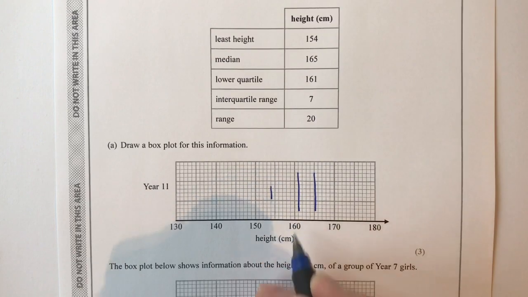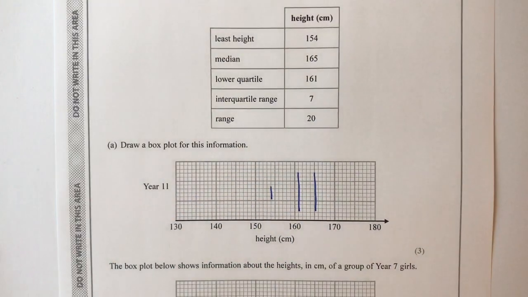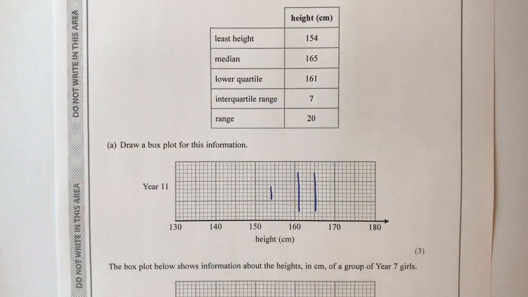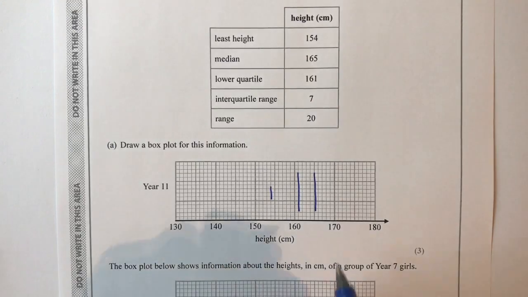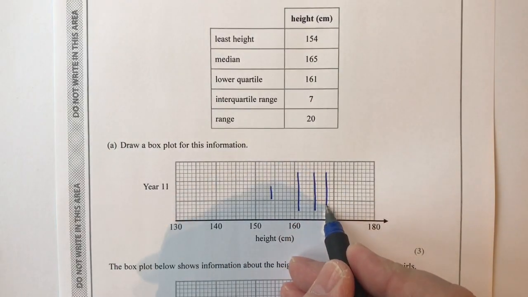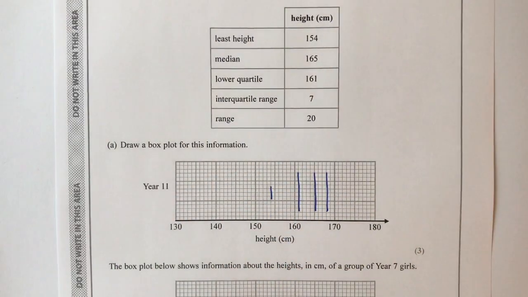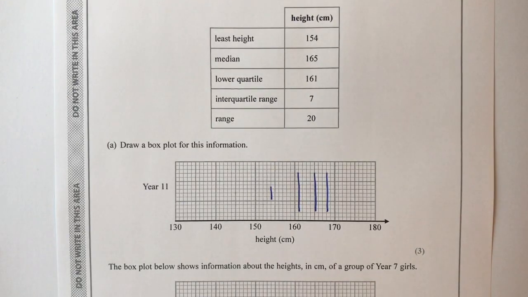Okay, and then the interquartile range is 7, so it's basically the difference between here and the upper quartile, so that's going to be 168. I can pop that along like that, and then finally it tells us the range is 20. So the range is going to be the least height plus 20 to the tallest.